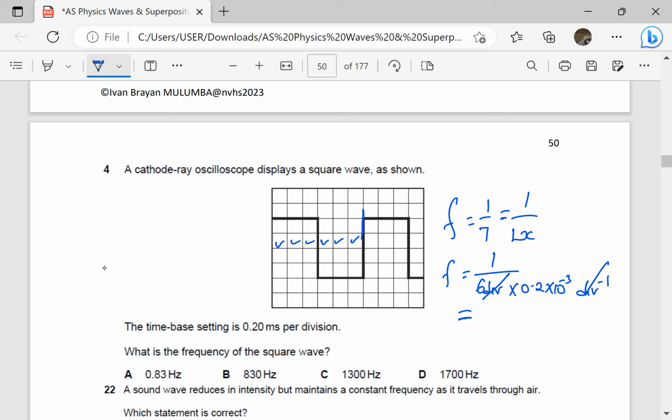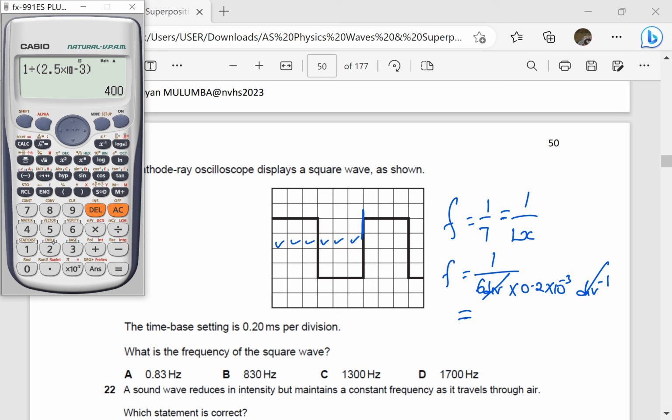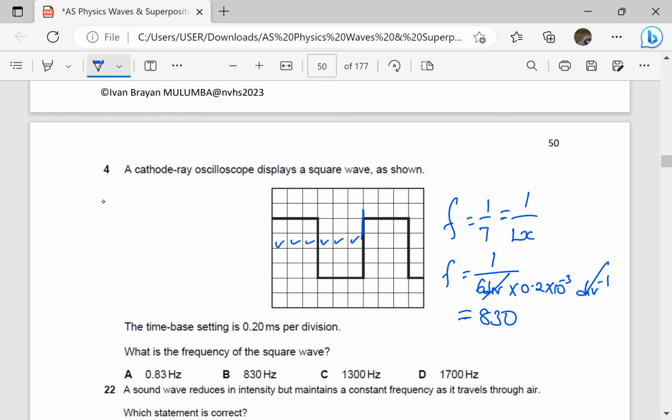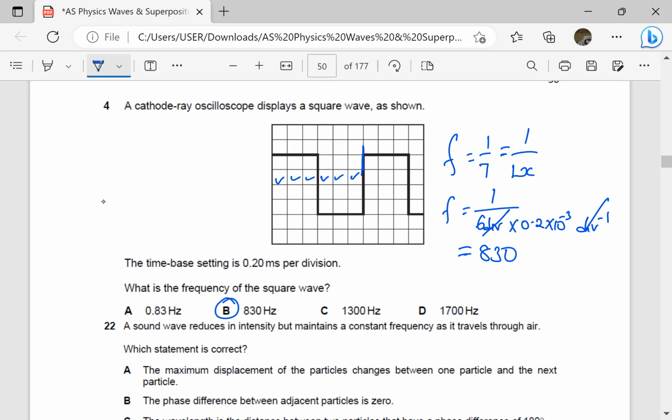So you have 1 divided by 6 times 0.2 exponent negative 3. This is giving us 833.3 recurring, approximately 830. So the answer is going to be B.